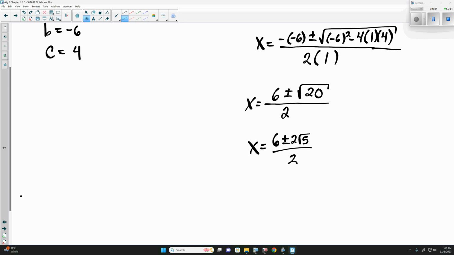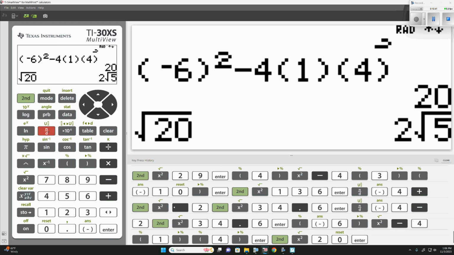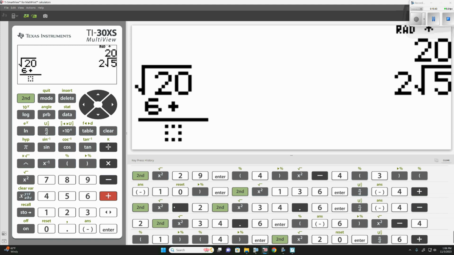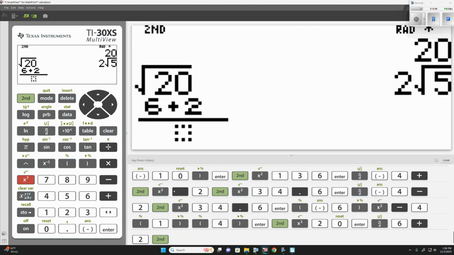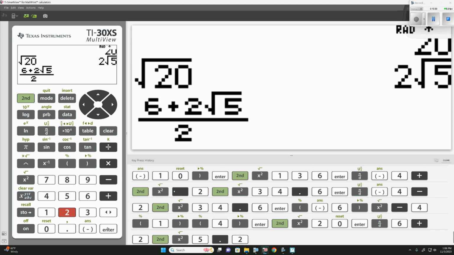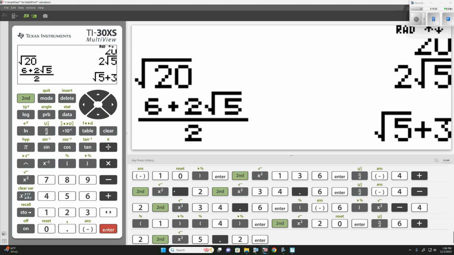Is our 6, 2 square root of 5, 6 and 2 square root of 5 divisible by our denominator of 2? Yep, they both are. We could try and check this in the calculator and say 6 plus 2 square root of 5 all over 2, and we get 3 plus the square root of 5.